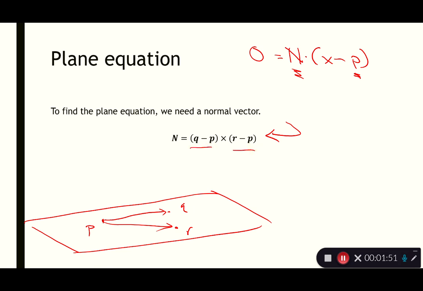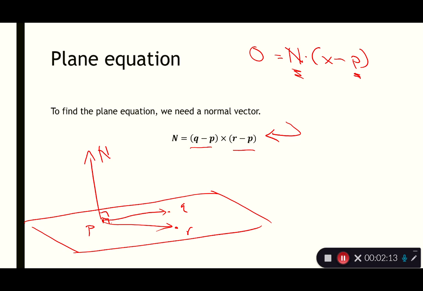And so the normal, because the normal sticks up at a 90-degree angle from the plane, has to be perpendicular to the vector from P to Q, and it also has to be perpendicular to the vector from P to R. And so when we take the cross product of two vectors like that, we always get a vector that's perpendicular to both of them.